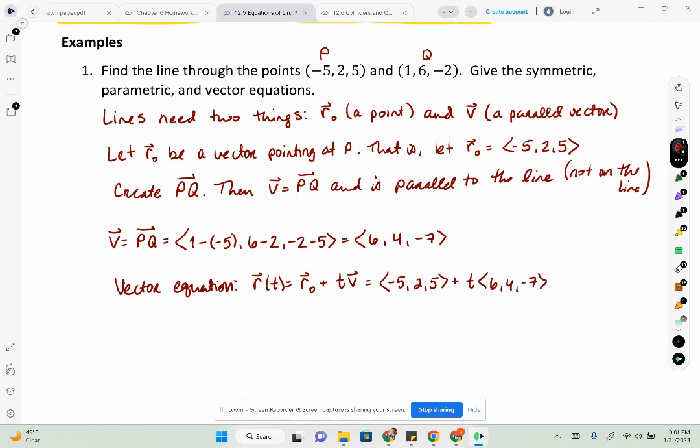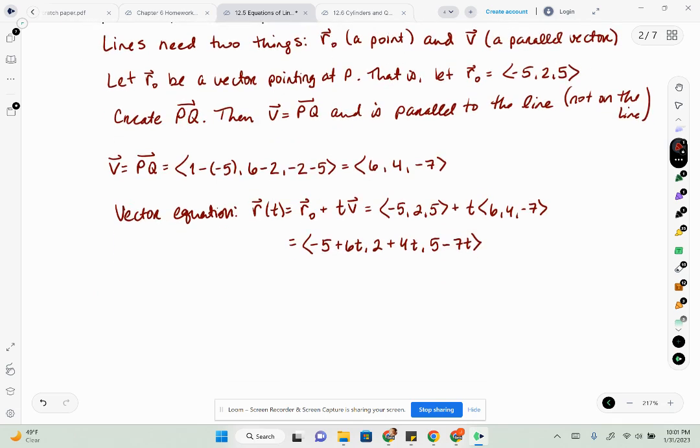And then I just need to do one more rewrite on this to bring everything into one set of angle brackets. So the first component will be -5 plus 6t. The second component will be 2 plus 4t. The third component will be 5 minus 7t. And that's my vector equation.